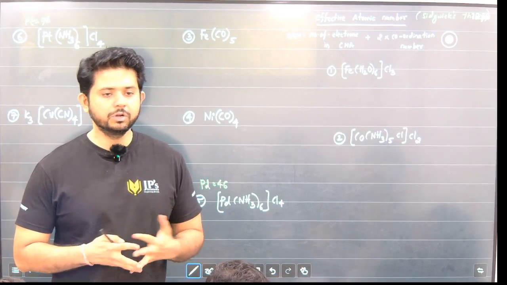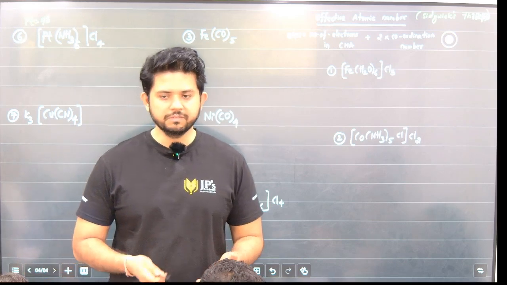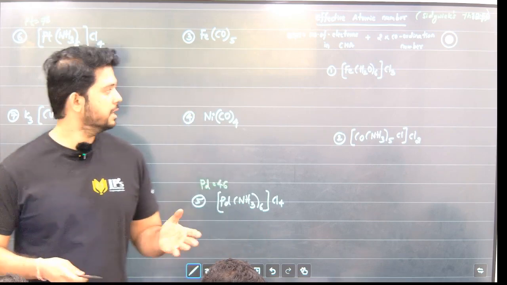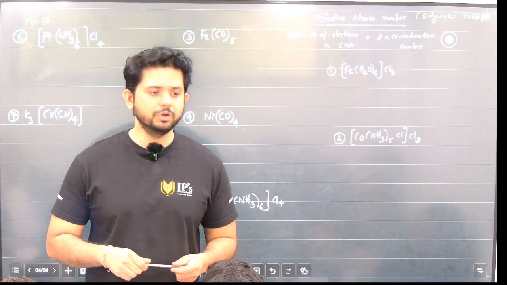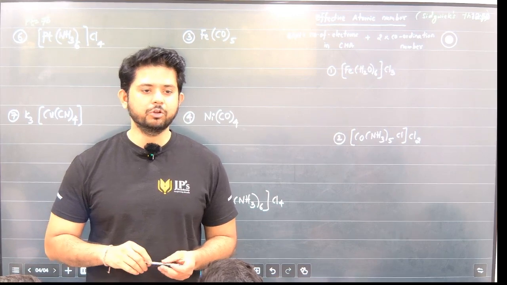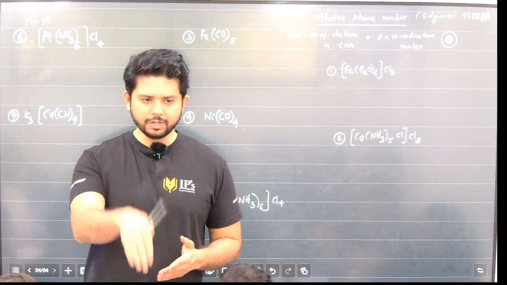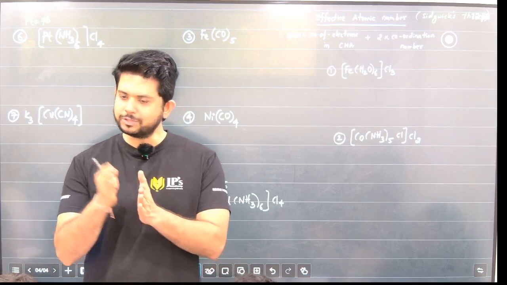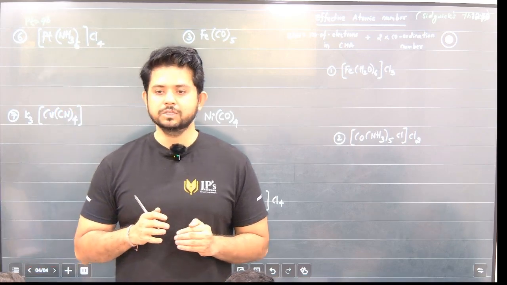Why not 4, 5, 7 or 8? Or let's say I pick FeCO5. Why only FeCO5? Why not FeCO4? When does a metal stop accepting electrons from ligands? The theory says it will stop as soon as it reaches the nearest noble gas configuration.